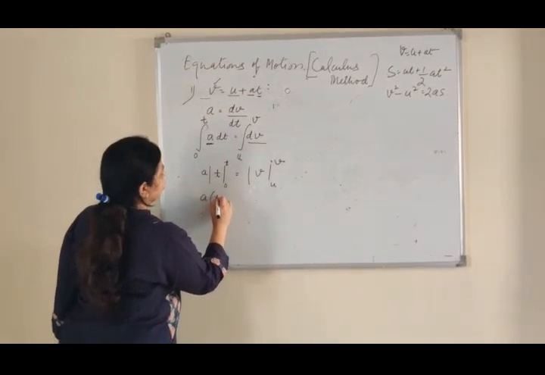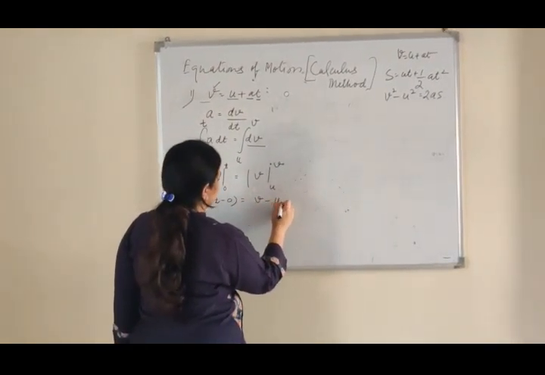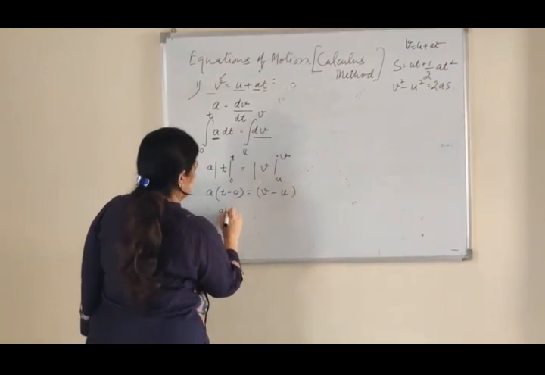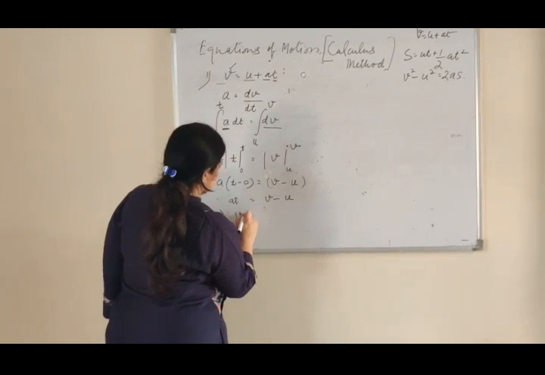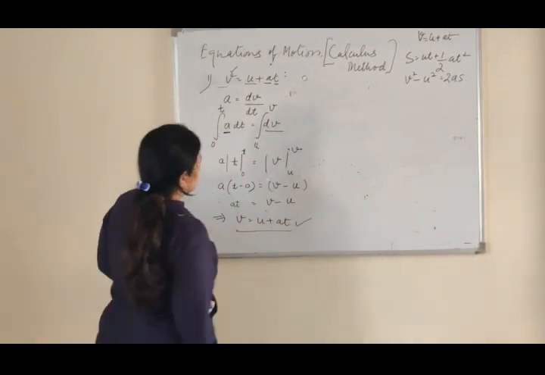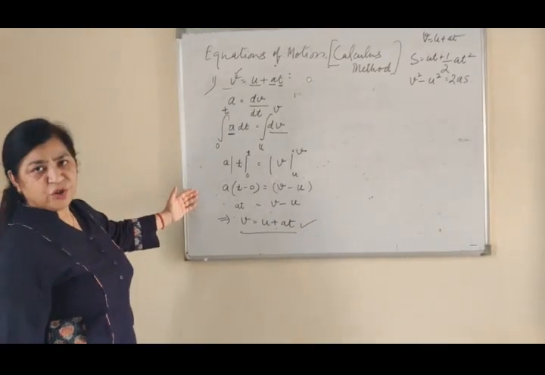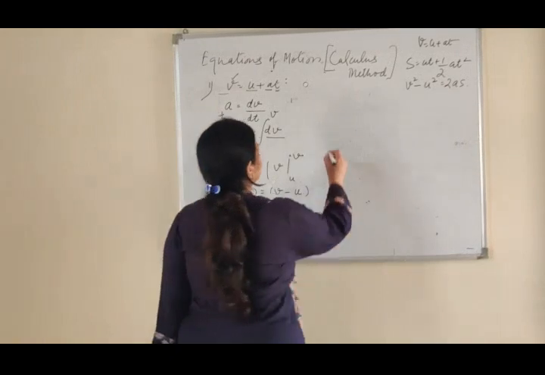Putting the limits, you will have a into t minus 0, that is v minus u, or at is equal to v minus u, implies v is equal to u plus at. So see, this is the first equation of motion by the calculus method.